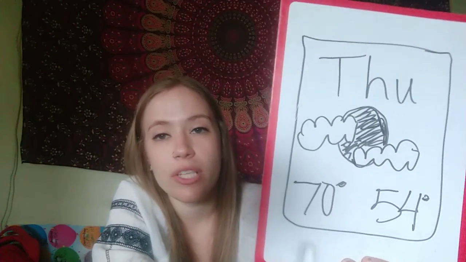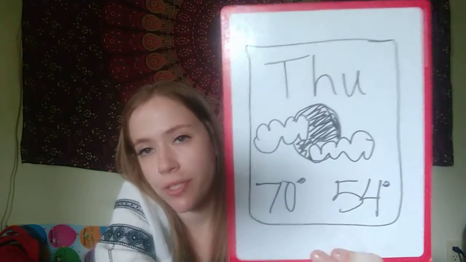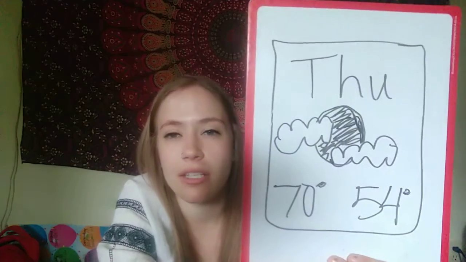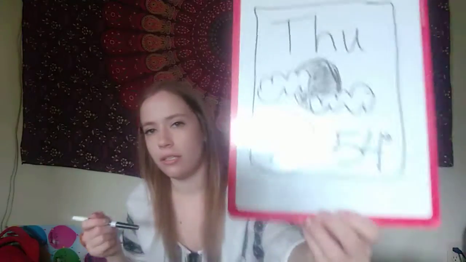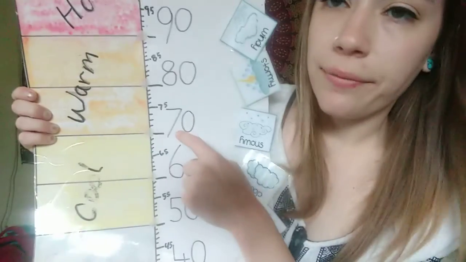So will 70 degrees or 54 degrees be our highest expected temperature tomorrow? If you said 70, you're correct. And we can easily find 70 on here because it's big and bold right here.